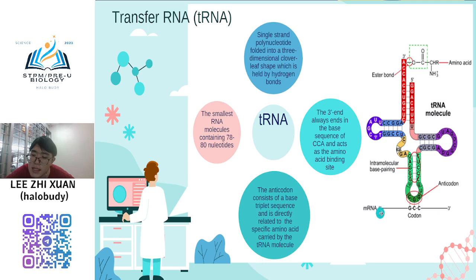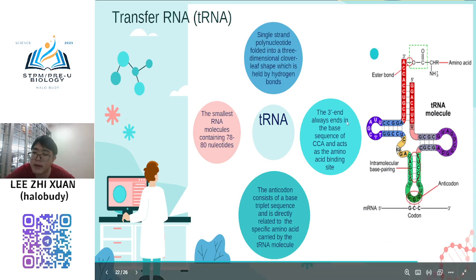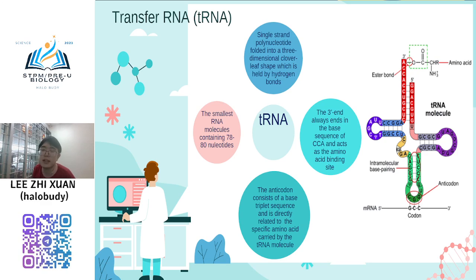So you see here this mRNA. They will carry the amino acid first in the surrounding cytoplasm. Once they carry it, they will go to the mRNA to check whether they are corresponding, whether they are complementary or not. If they are complementary, we call it the codon.